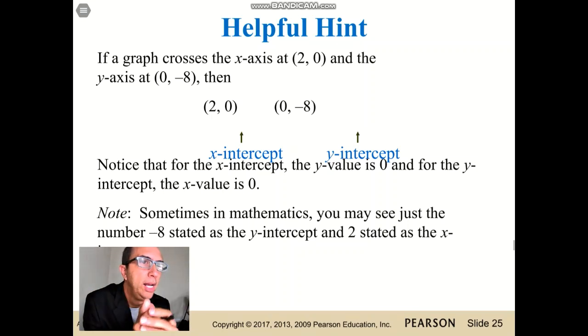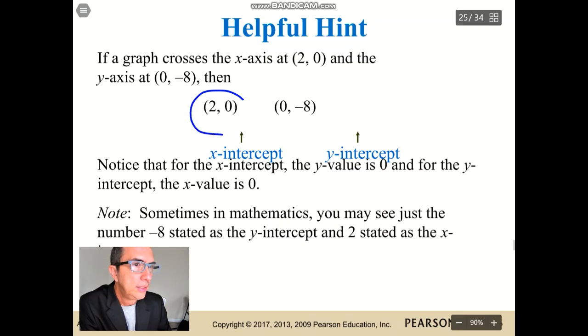Another helpful hint: if the graph crosses the x-axis at 2 and 0, and then the y-axis at 0 and -8, then 2 and 0, this order pair here, is the x-intercept, and 0 and -8 is the y-intercept.